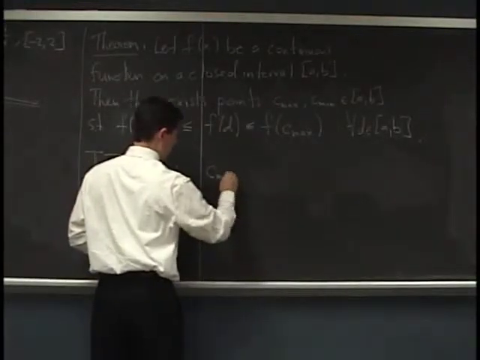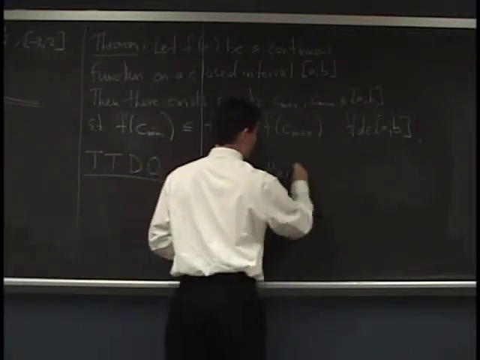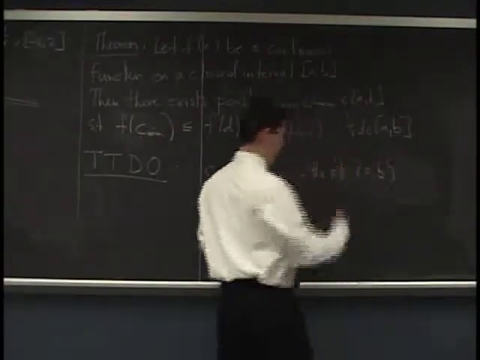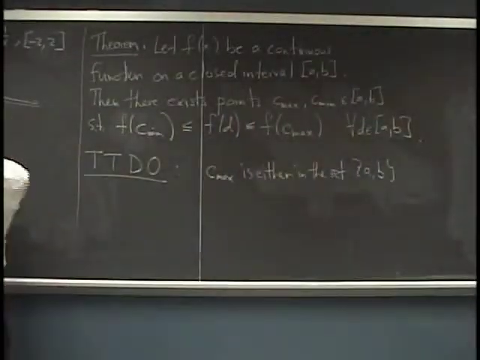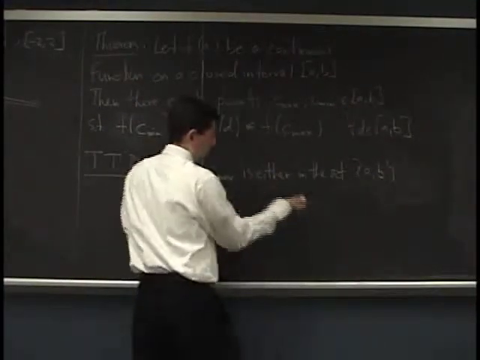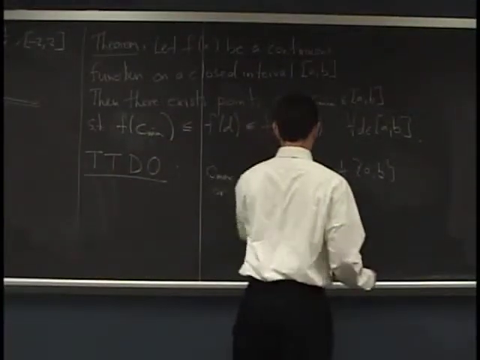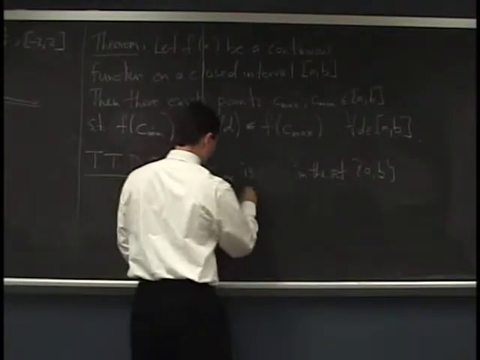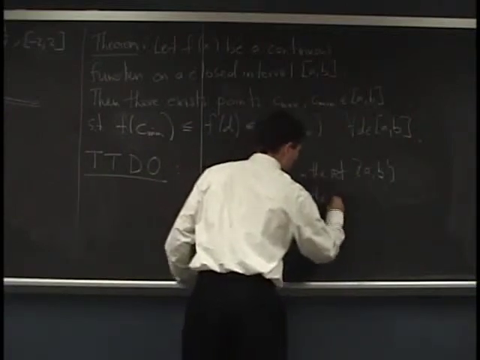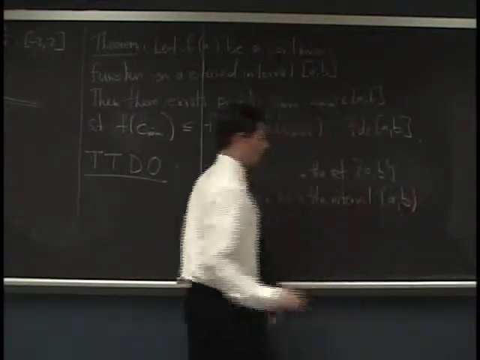C max is in the set {A, B}. So it's either one of the endpoints, or, actually the word either here is inappropriate. Could be both. Just say C max is in the set {A, B}, or C max is in the interval (A, B), where we don't include the endpoints.